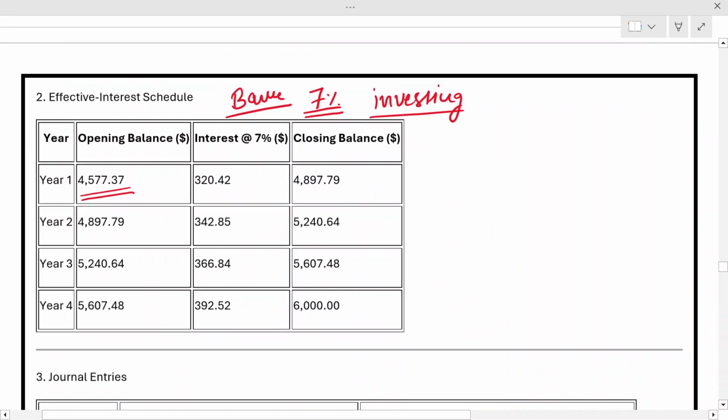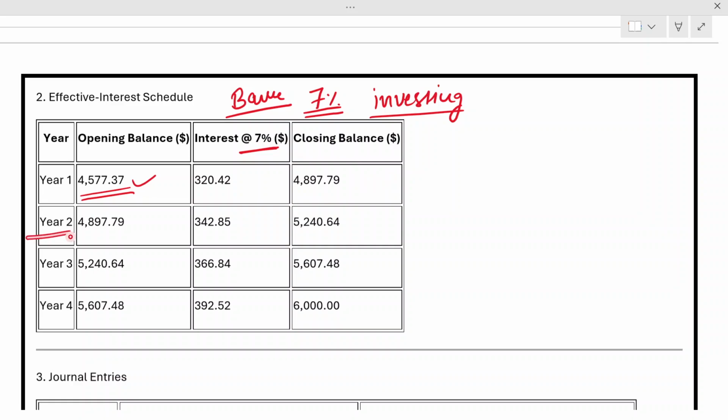Today you invested 4,577, you got interest of 7%, so the interest is 320, and if you add both of them, after 1 year you have 4,897 in your bank account.